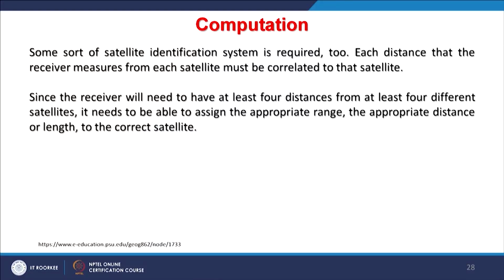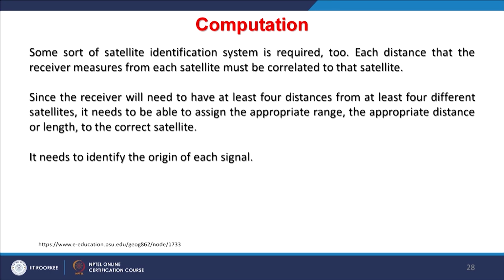And as I have also mentioned, when the set of data comes from the satellite, the identification, that is the ID of the satellite, has to be there. Each satellite has been given a unique ID, so that the receiver can identify different satellites, calculate the range or distances from these satellites, and then estimate the correct position.